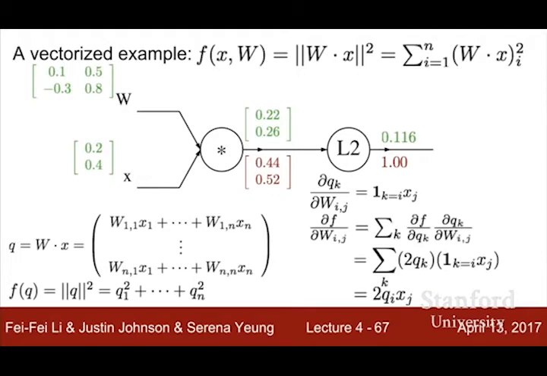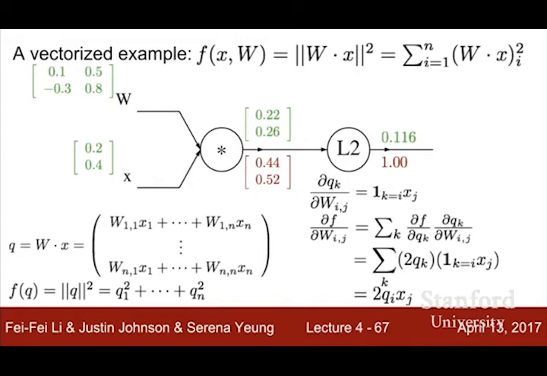And then now if we want to find the gradient of f with respect to each wij, looking at these derivatives, we can use the chain rule that we talked about earlier, where we basically compound df over dqk for each element of q with dqk over dwij for each element of wij.